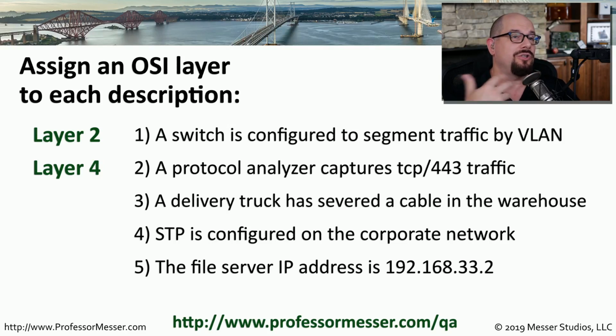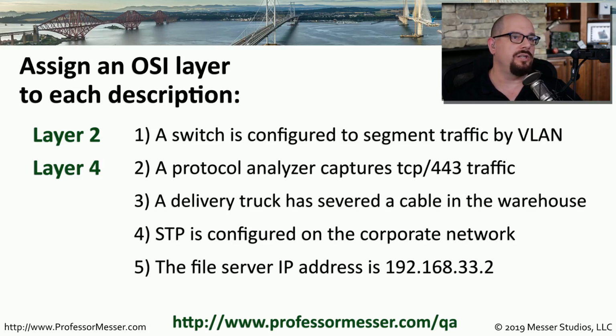Now, I also say here it's a protocol analyzer. It's capturing traffic. The protocol analyzer is probably capturing all of the traffic up to layer 7. So if you answered layer 7 with this one, I could almost give you credit there. But I think you knew where I was going there. Either way, now you understand exactly the differences for both of those.